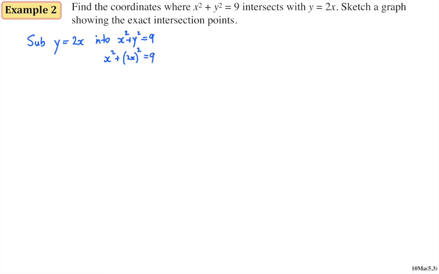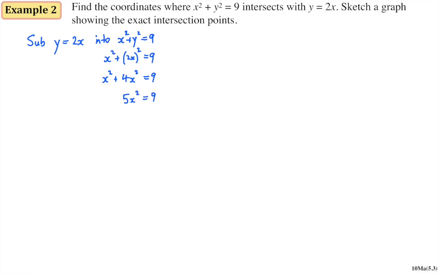Notice the brackets. They make a huge difference because it now becomes x squared plus, what is 2x squared? That means 2x times 2x, which is 4x squared, and that equals 9. 1x squared plus 4x squared gives me 5x squared.